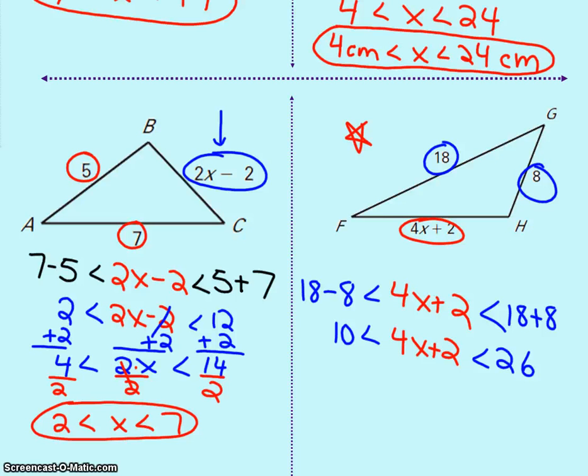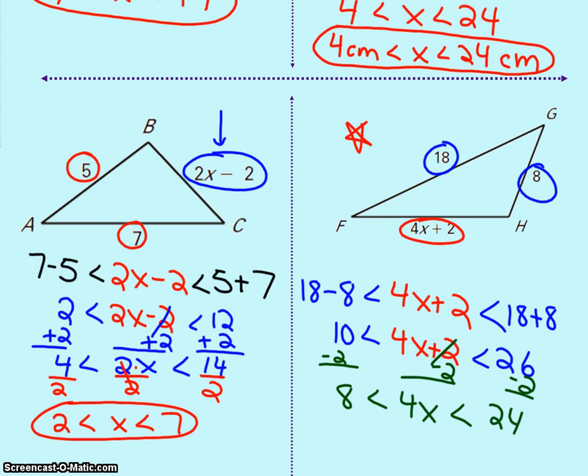I still want to know what the range of x is. So if I try to get x by itself, just like an equation, how do I get x by itself? I get rid of plus 2 by subtracting 2. I get rid of the 4, it's x times 4, by dividing by 4. But again, this time I need to do it to all three parts. So I'm going to subtract 2. 26 minus 2 is 24.